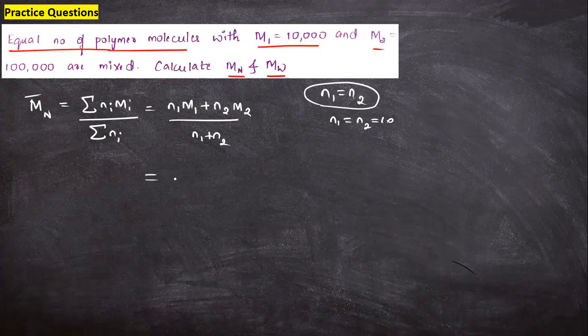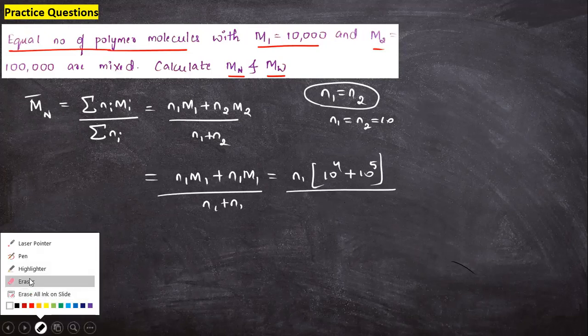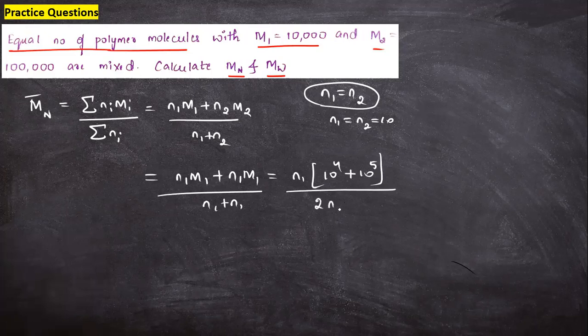Okay, so let's solve it. N1 M1 plus N2, let me replace it as N1, divided by N1 plus N1. Try to solve, guys. Just take N1 common. The value of M1 is 10 raised to 4 plus 10 raised to 5, divided by N1 plus N1, which is 2 N1.